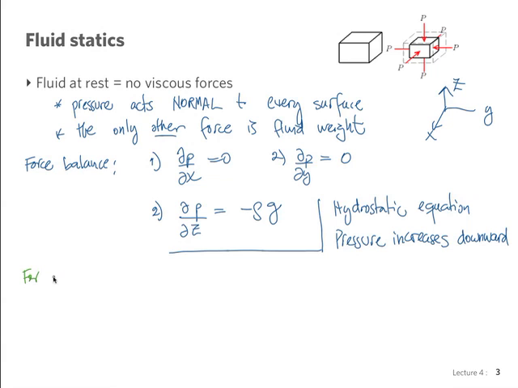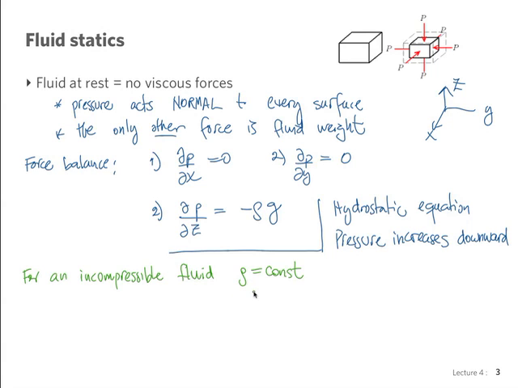For an incompressible fluid, rho is equal to a constant. It doesn't necessarily have to be a constant. Rho could be a function of z also, in which case we would have to integrate, and you will see that next class.